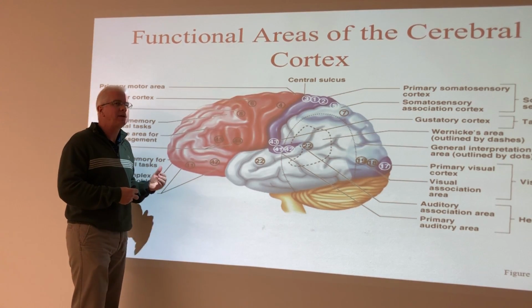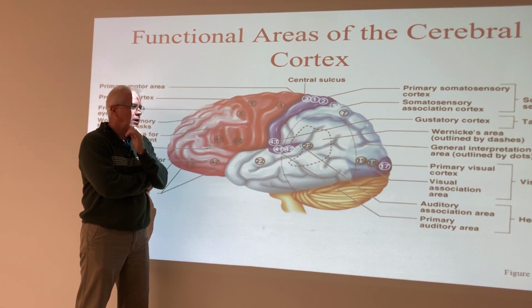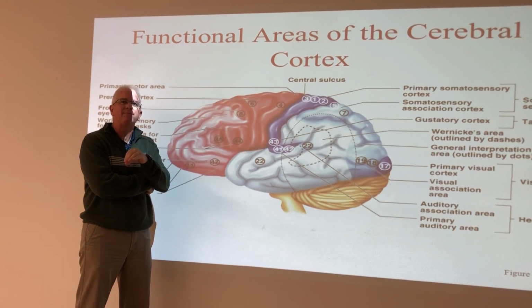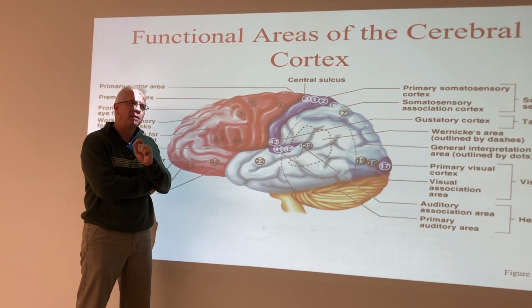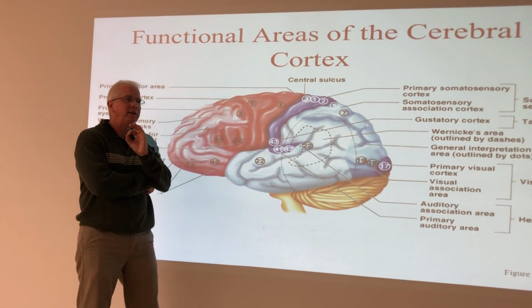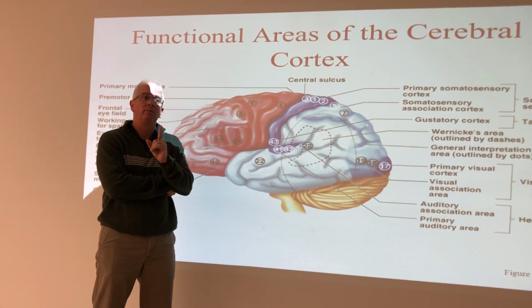Now, as I begin this, I like to point out to students a very popular piece of misinformation in the science fiction genre about the human brain. And it goes something like this: whenever I perform a particular function, I use a very small piece of my brain to do so. And that is true.